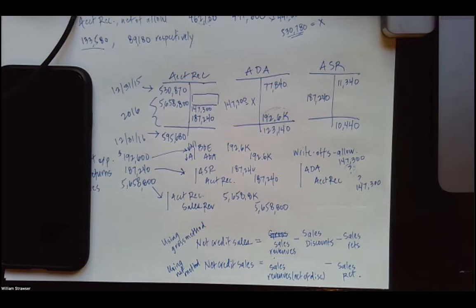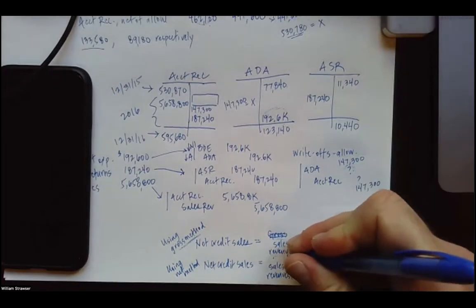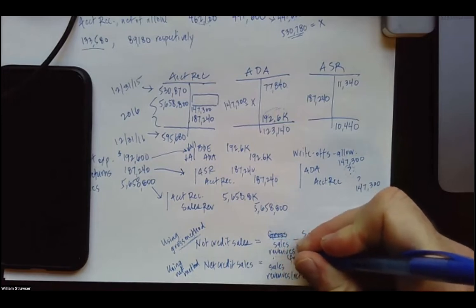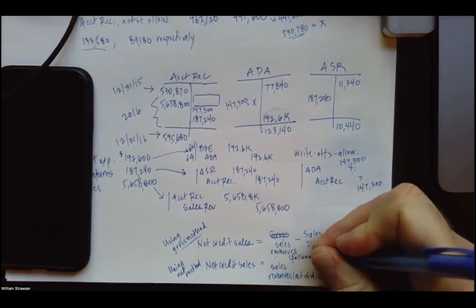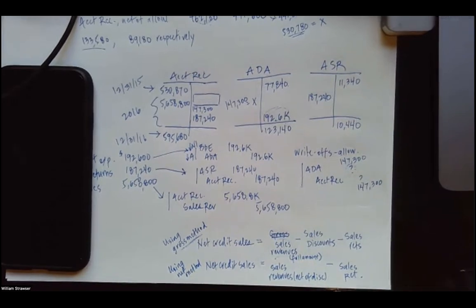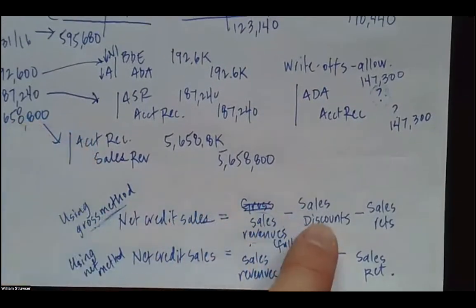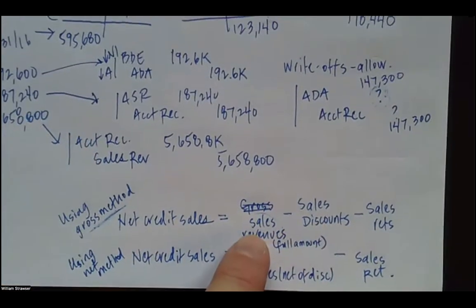If you do offer cash discounts, then remember you have two acceptable ways of doing it. Either you do the gross method where you record sales revenue at their full amount, and then as people do not act within the discount, we record sales discounts that we subtract off of it.